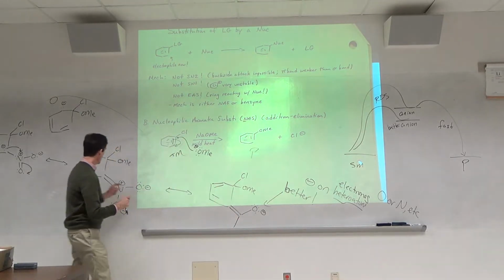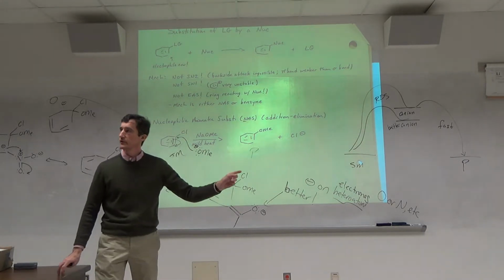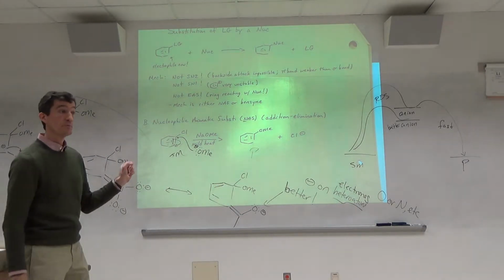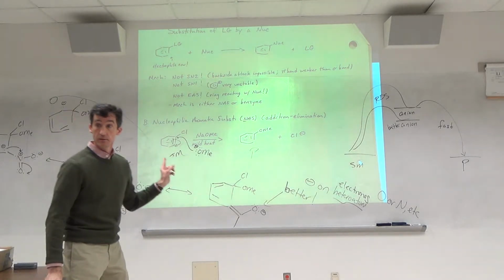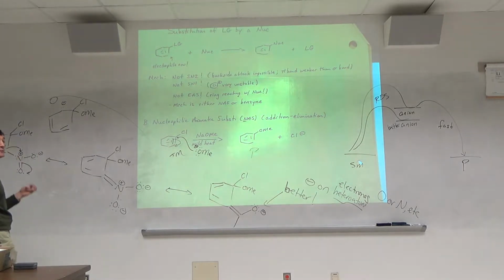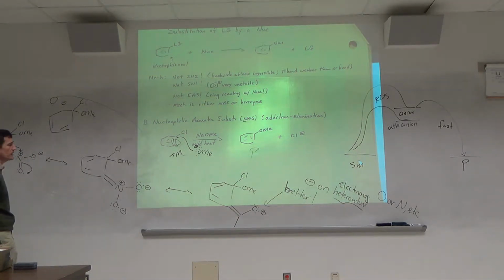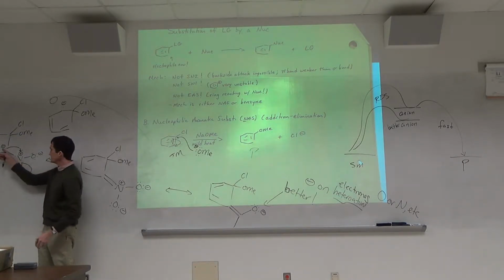What type of groups usually do this? Nitro, ketone. What type of groups are these for EAS? It's group 4. Group 4s are activators for NAS, by resonance. And in the majority of examples it's by resonance. Sometimes you can have a group that doesn't do resonance but just pulls so much inductively that it will stabilize the minus.